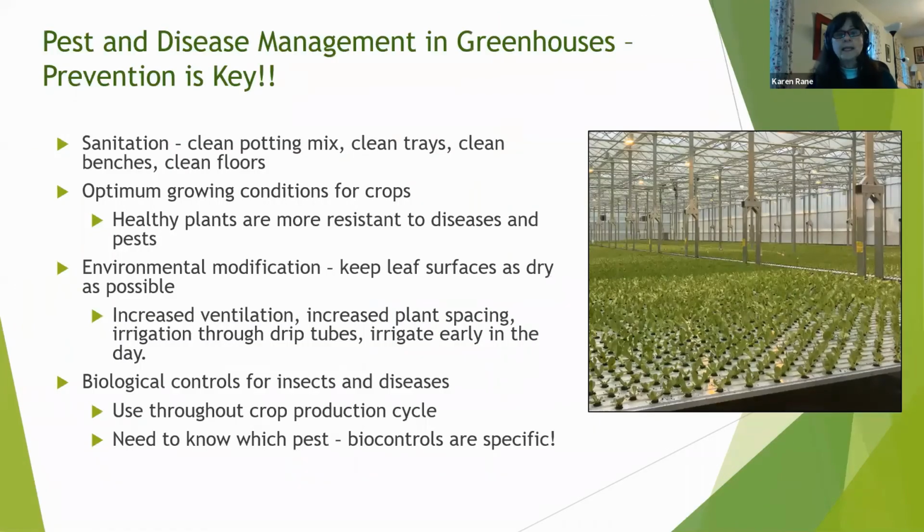So basically, in the last few slides, I've got to talk about managing these problems. And I'll whip through this really quickly, but prevention is the key. If you know where the sources of pathogens and pests are, you use prevention, use sanitation. Some greenhouses will use screening for things like thrips and insects to keep them out. Optimum growing conditions for the crops.